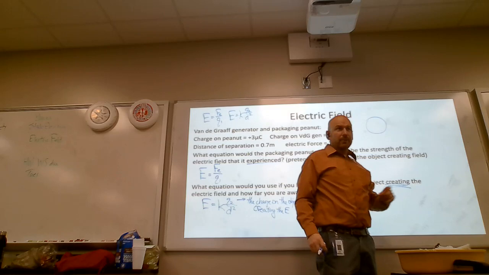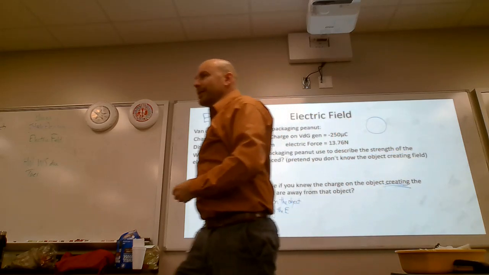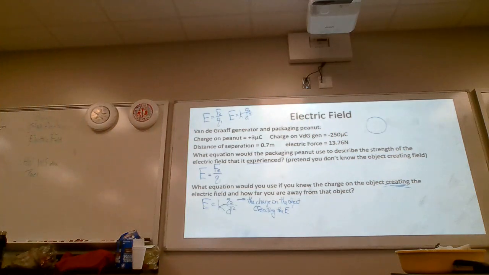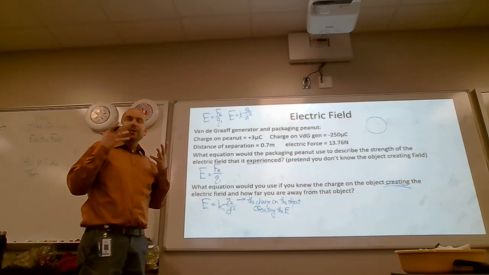You okay with that? The strength of the electric field gets weaker as you move away. Which of these two equations describes that the electric field is going to get weaker as you move away? The first one or the second one? The second one. As the d gets bigger, the electric field gets weaker. Okay?